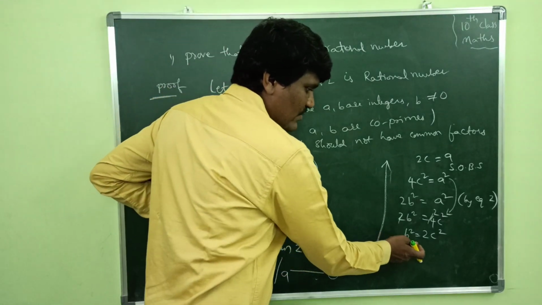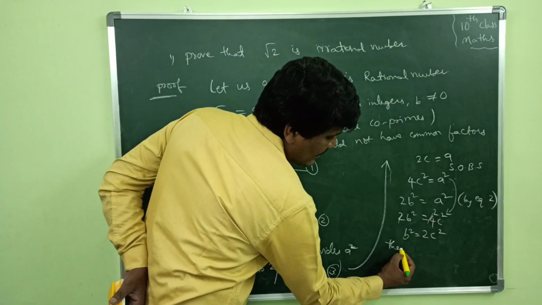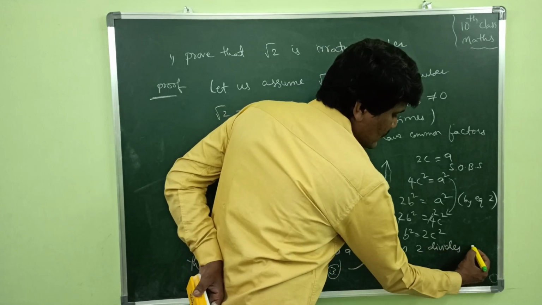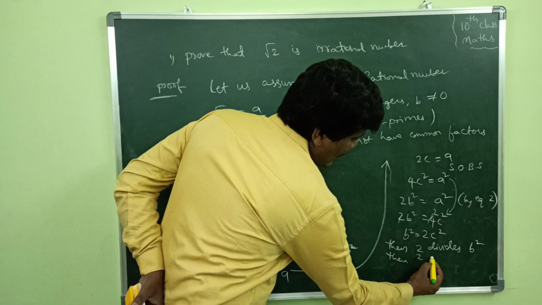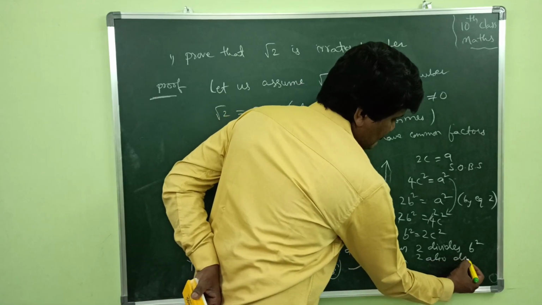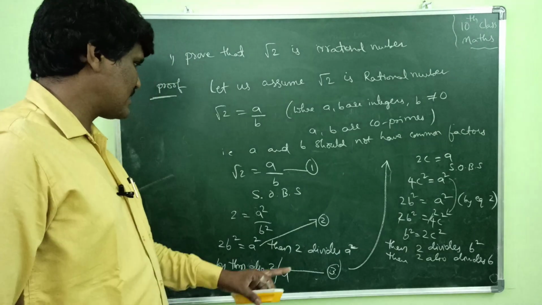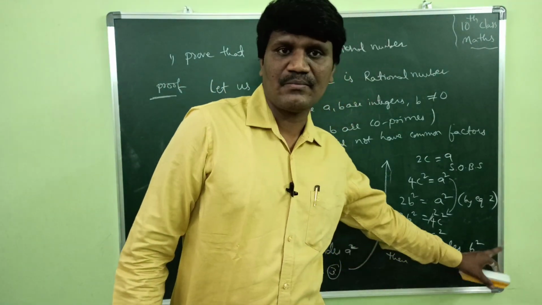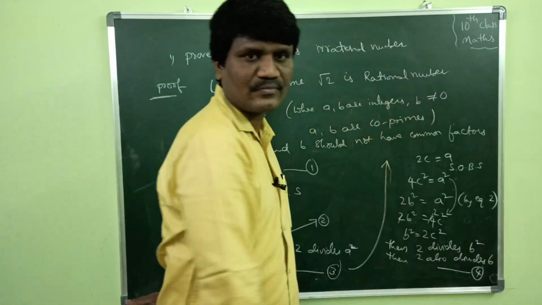Here also I have b square is equal to 2c square, so I can write 2 divides b square. Then 2 also divides b. Say this is equation number 4.